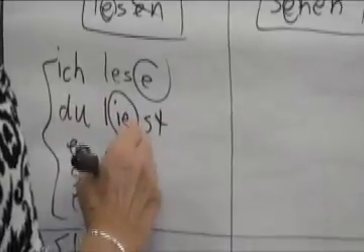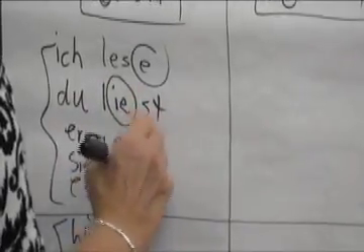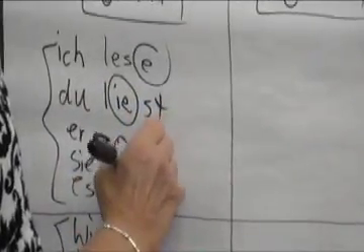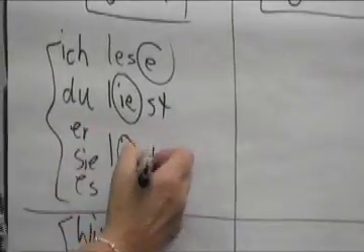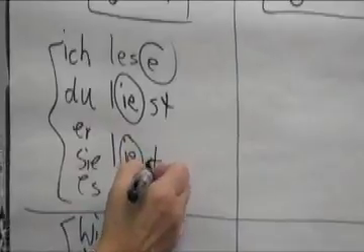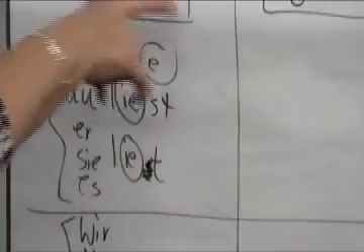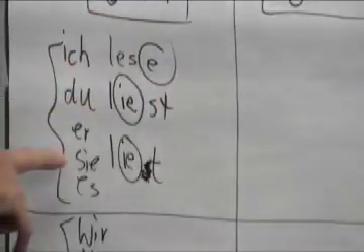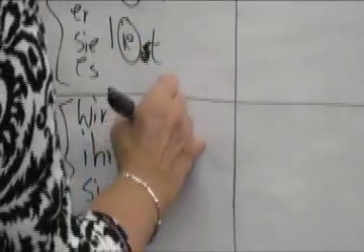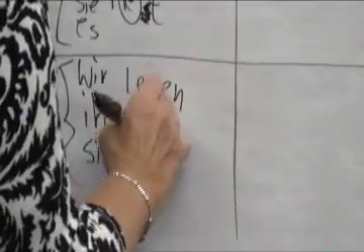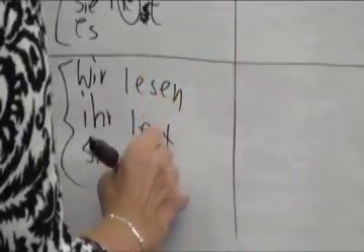Er, sie, es, same thing. I, and then an E, and a T. So, whoops, the S. I forgot my S here. So it is ich lese, du liest, er liest. Alright, wir lesen, normal. Ihr lest und sie lesen.